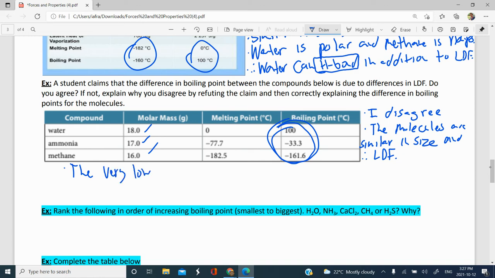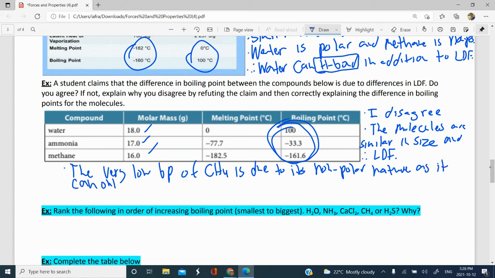very low boiling point of methane, which is CH4, is due to its non-polar nature, as it can only do LDF. Water and ammonia can both H bond.